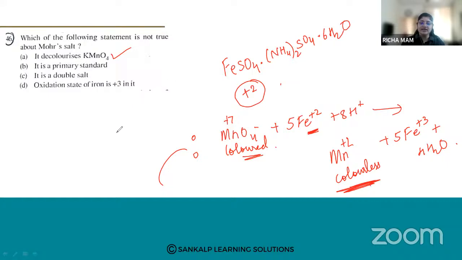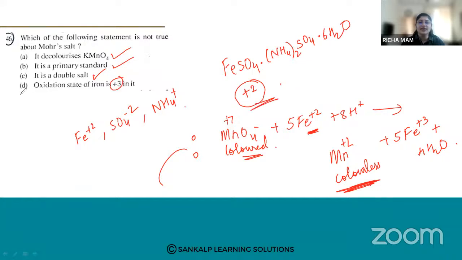So the first statement is correct, and it is used as a primary standard because it is available in pure state and can be stored without decomposition. So the second statement is also correct. Third, yes, it is a double salt. In solution, it will show the properties of Fe+2, sulfate, and ammonium ions.